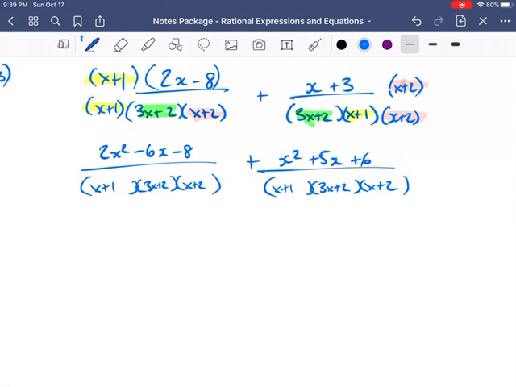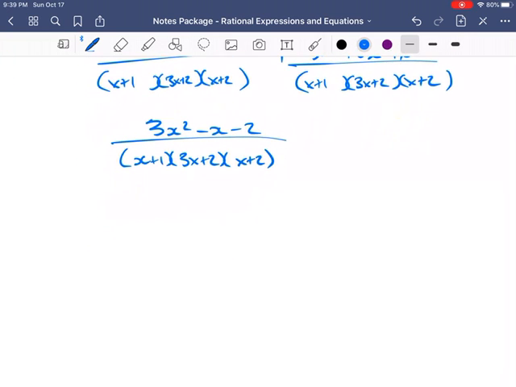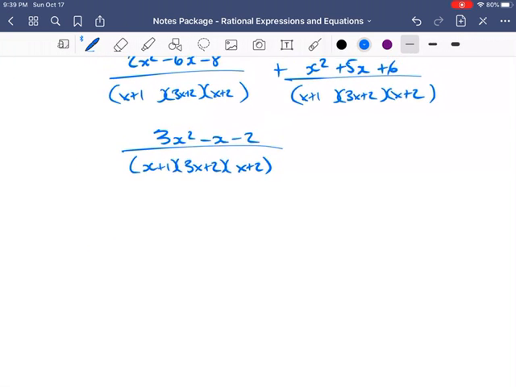Now we can collect our like terms, and you're going to end up with 3x squared minus x minus 2 and all 3 terms again. Now, we haven't run into this situation where we can actually factor the numerator again.